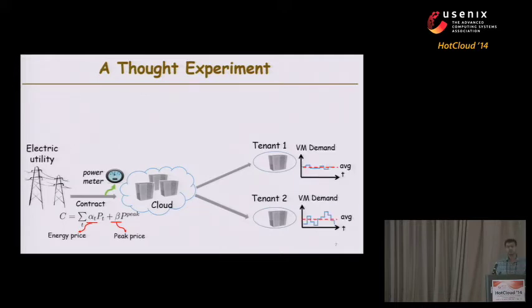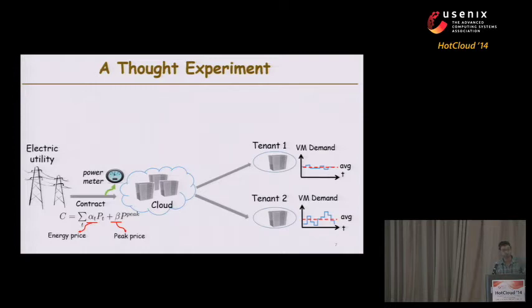Now let's construct a special sort of stylized power and resource demand profile for both of these tenants. Let's imagine that over a period of, let's say, a month, the 2 tenants pose virtual machine demands as shown in the figure. You will notice that they have the same average virtual machine demand, but there's a difference between the variance of their demands.